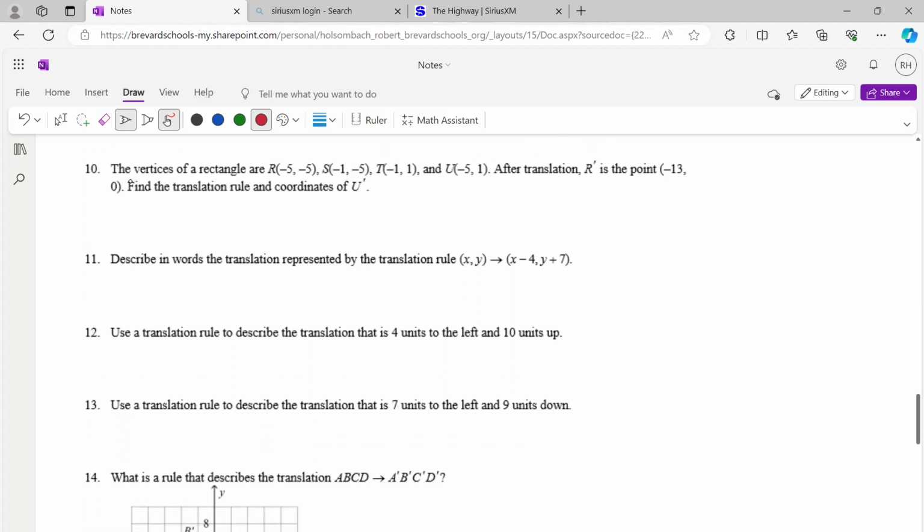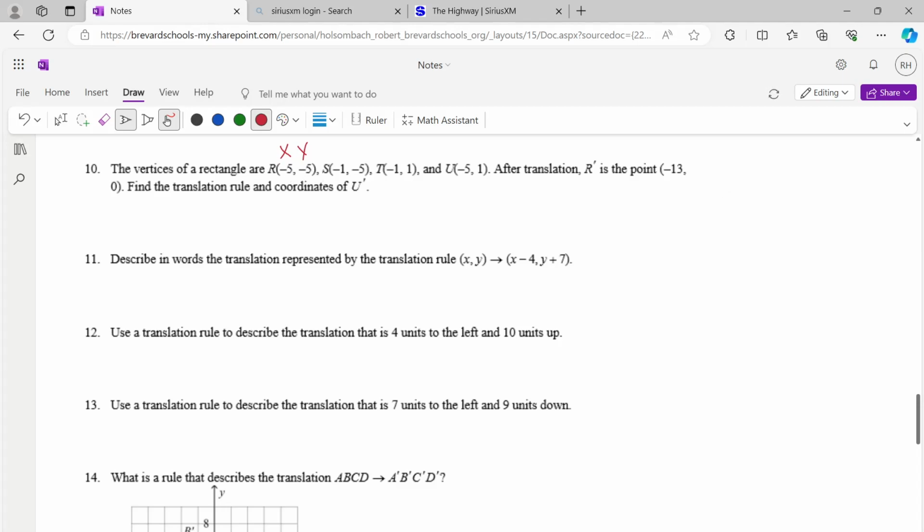All right, problem number 10. The vertices of a rectangle are given, and after translation, R prime is the point -13, 0. Find the translation rule and coordinates of U. So let's see what happened to R. R's original x was -5.